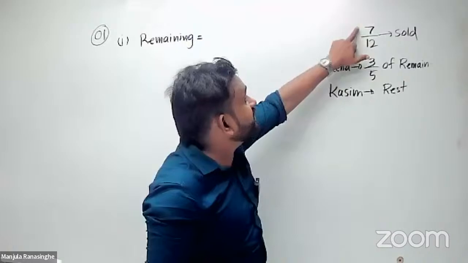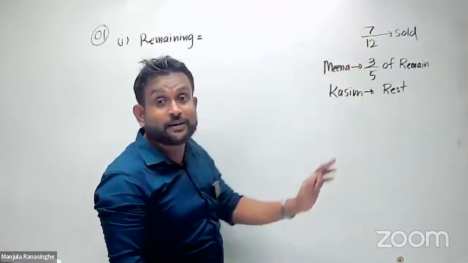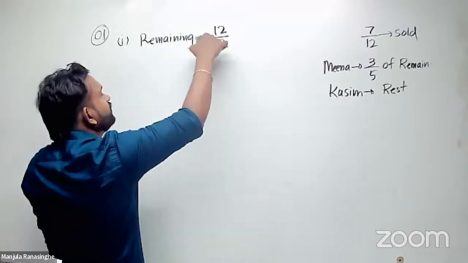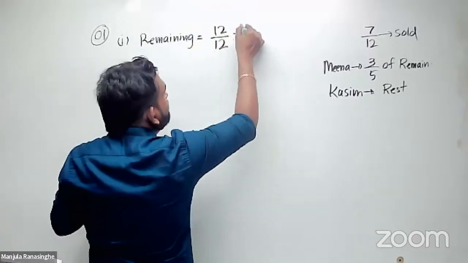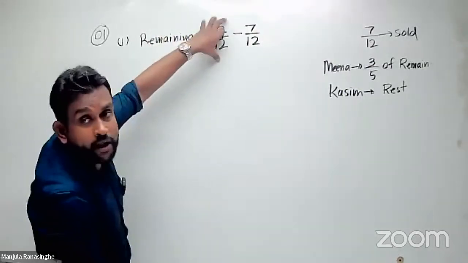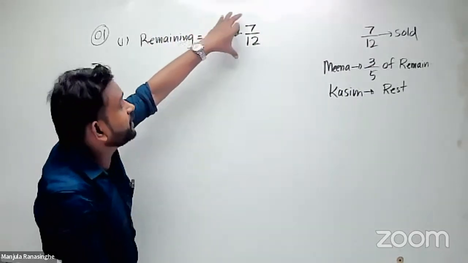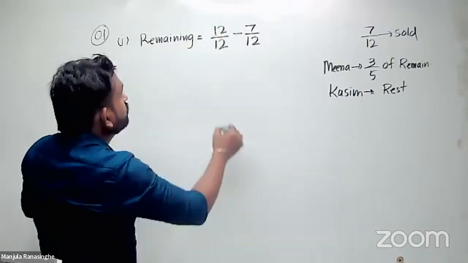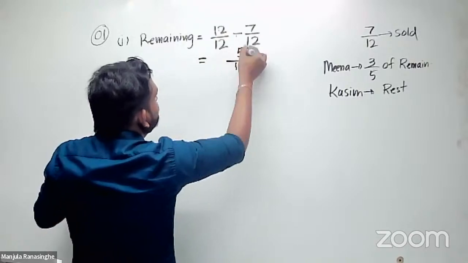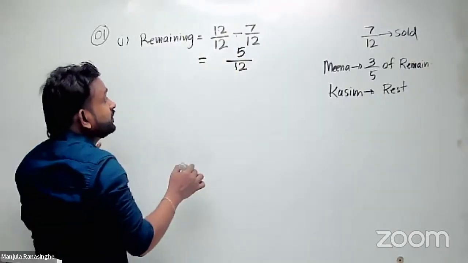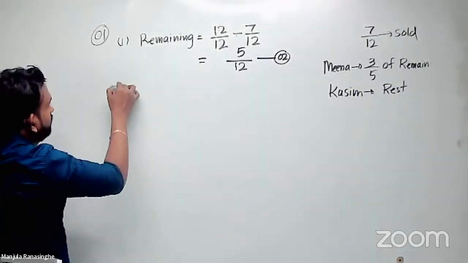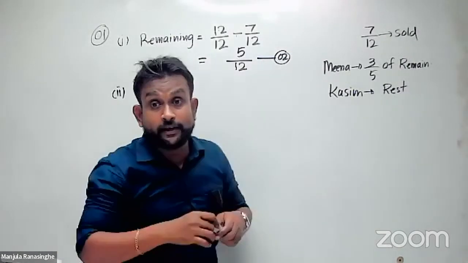Out of 12, 7 parts sold. Then what is the remaining? 12 is the total parts, 1 is there totally. From 1 subtract 7/12. Here 12 is the denominator, so 12 subtract 7 is 5. So 5/12 is the remaining part. So you have 2 marks.